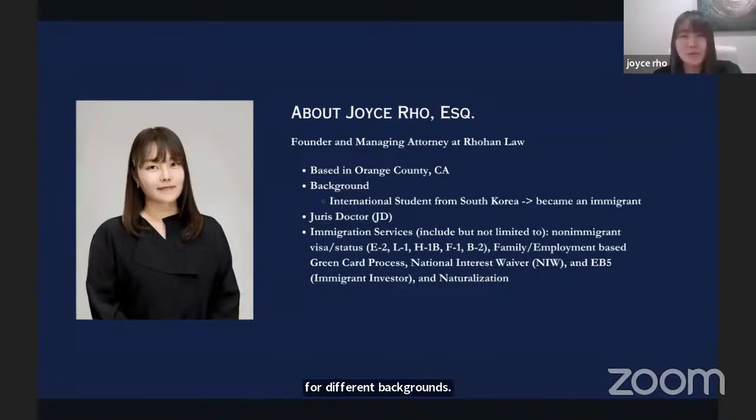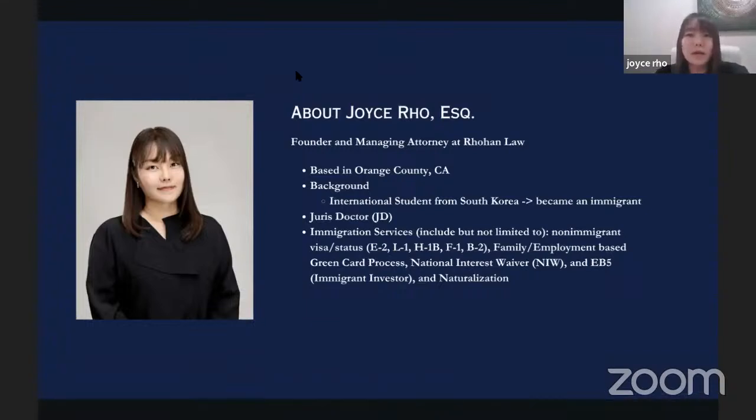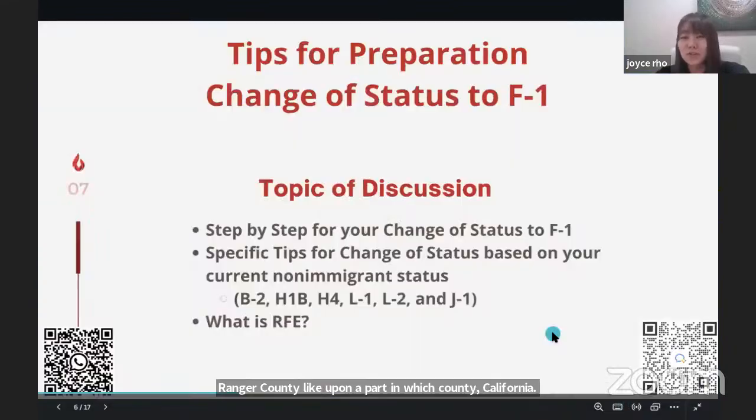No problem. To introduce myself briefly, I'm a licensed attorney with the State Bar of California, running my own law office, Rho Law, located in Buena Park in Orange County, California. Actually, I used to be an international student for so long.